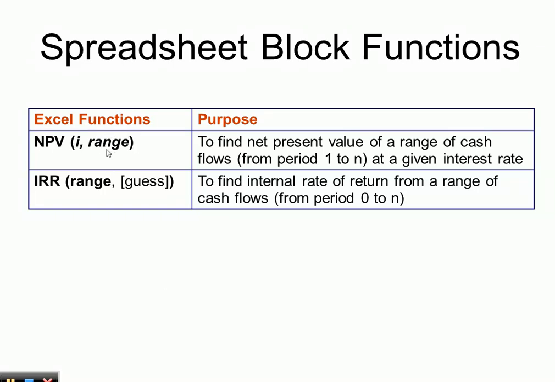So you have some kind of range, and you can find a net present worth for the range of values. Or you can find an interest rate based on the range of values, and again, an optional guess. And guess is where the computational algorithm is going to initialize. You can put a certain guess as your interest.